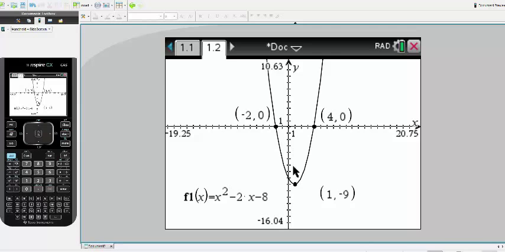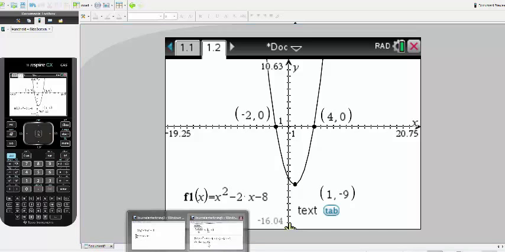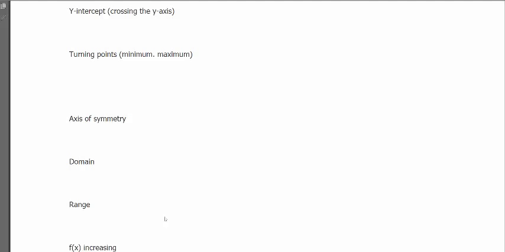So it's going to go right through this turning point, the minimum. So basically we just need an equation of that line, and the equation is going to be x is equal to 1, because that describes this vertical line going through the turning point. So we are going to write, remember, axis of symmetry.